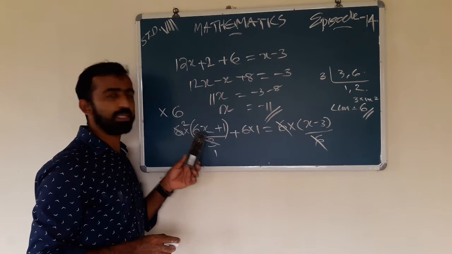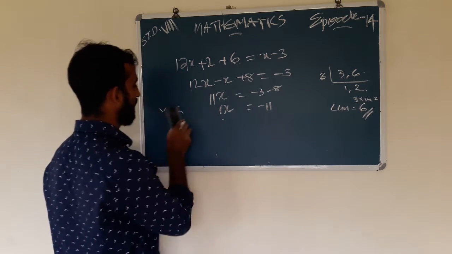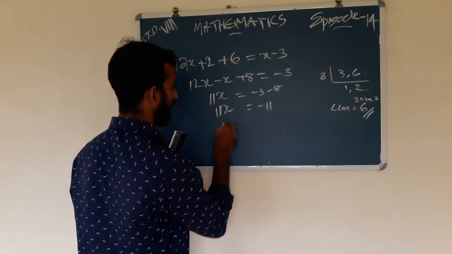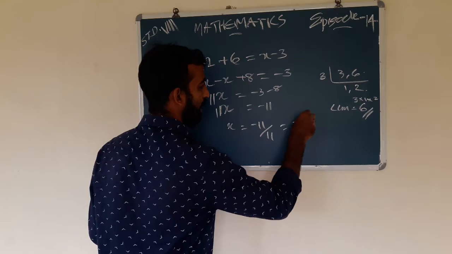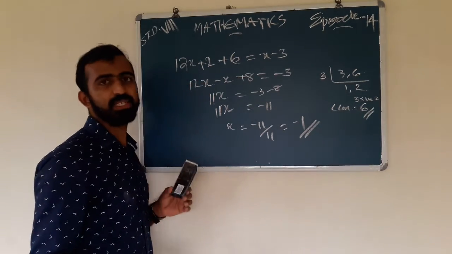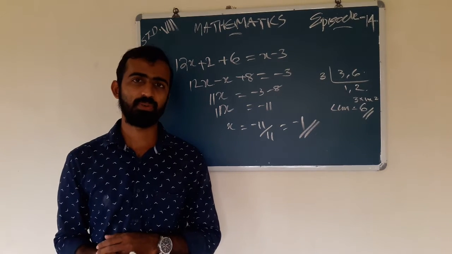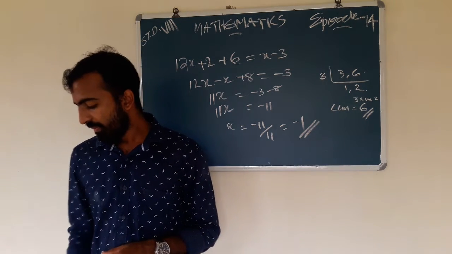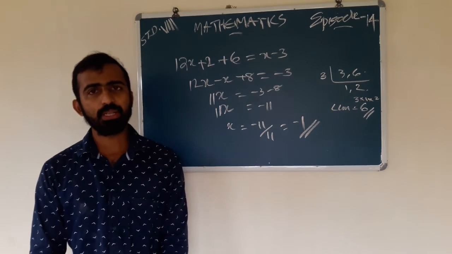So 11x equal to negative 11. This x is negative 1. The answer is negative 1. Is it? Yes. And when we put x in the equation, we get the same answer.